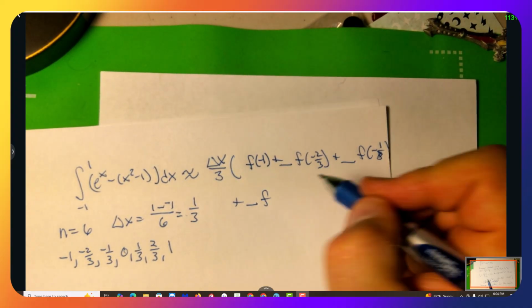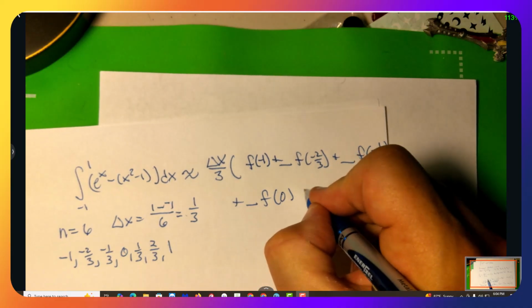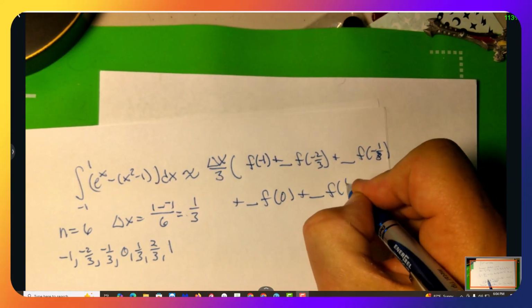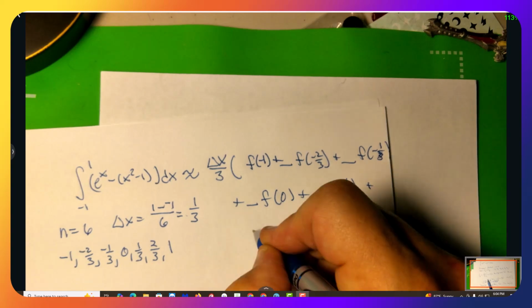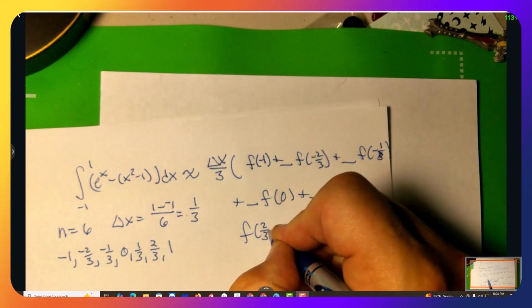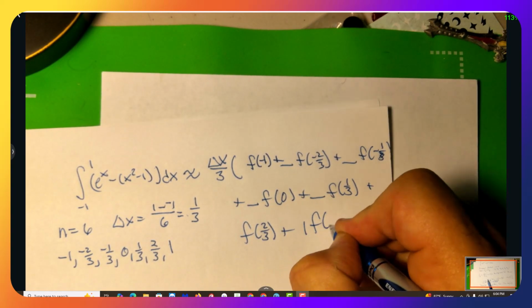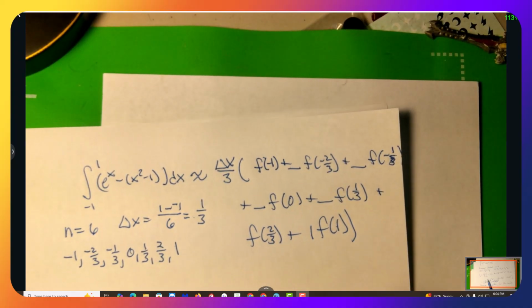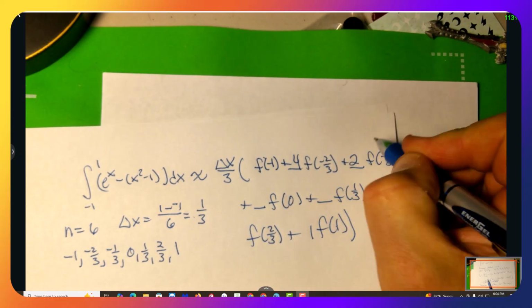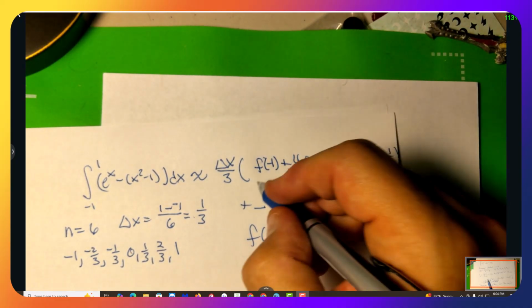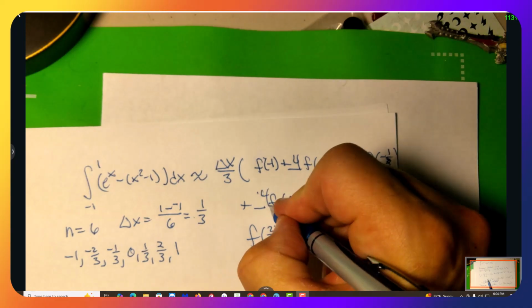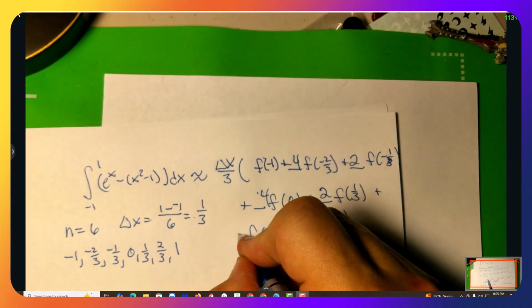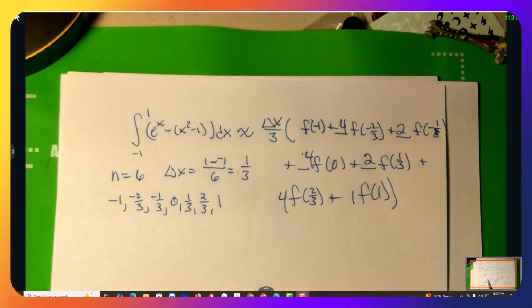Plus, okay, I was at negative a third, add a third to that, I'm at 0, plus f of a third plus f of 2/3, and finally f of 1. Now look, the first and the last point are only going to be in one parabola. But then, remember, all these other heights alternate. 4, 2, 4, 2, 4, 2, 4.